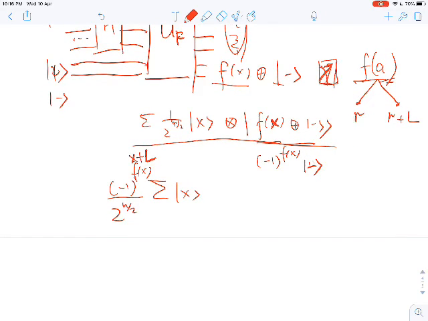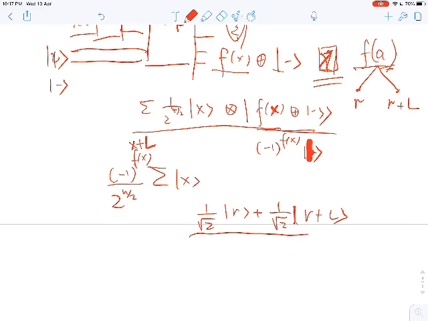And the state here becomes square root of R plus L. The state we want has already been obtained. And actually we can also not use measurement here.